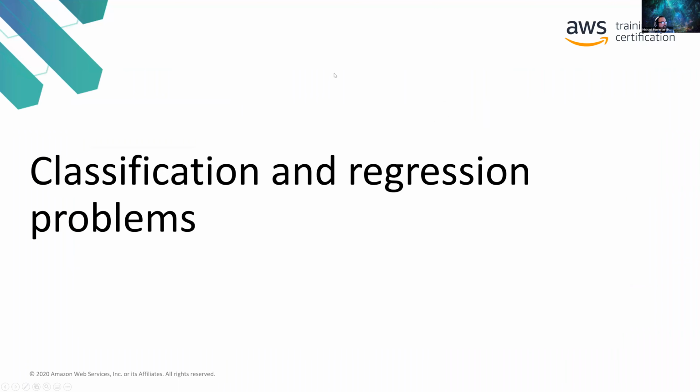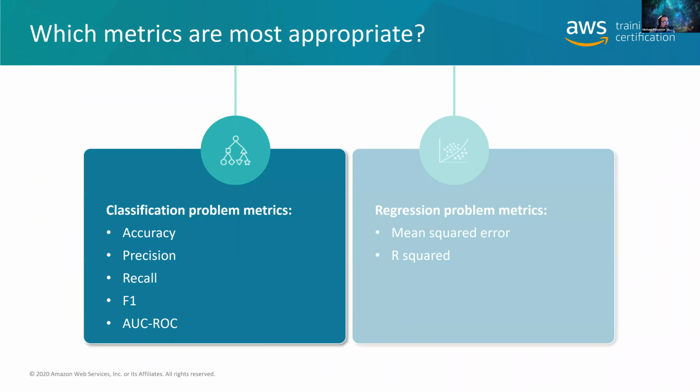We're going to move into metrics that are appropriate for classification problems and for regression problems. I just want to say that the exam focuses far more on classification problem metrics than it does on regression problem metrics, because they don't peel out the math. That doesn't mean you're not going to run into mean squared error or R squared. You're going to run into that, but they don't ask you about the math.